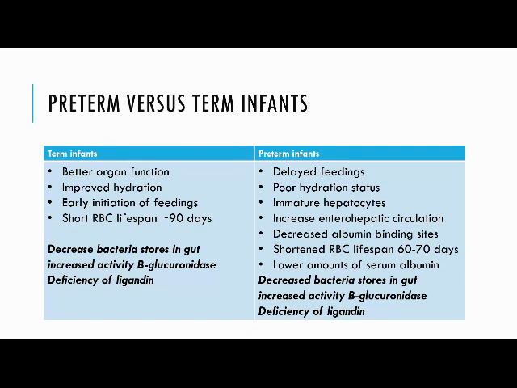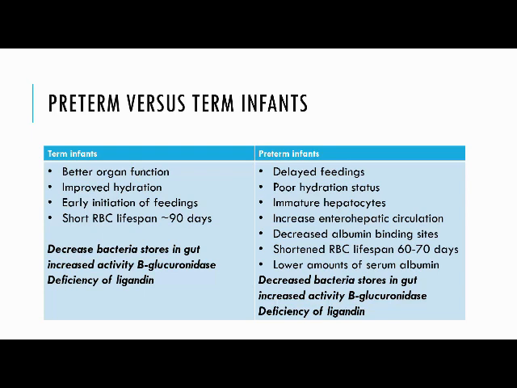And then I bolded these because they're the same in both categories. Both term and preterm infants struggle with a decrease in bacteria stores in the gut, and an increased activity of beta glucuronidase, that enzyme in the small intestine that can unconjugate that bilirubin, and it can be retaken back up via the intrahepatic circulation into the bloodstream.